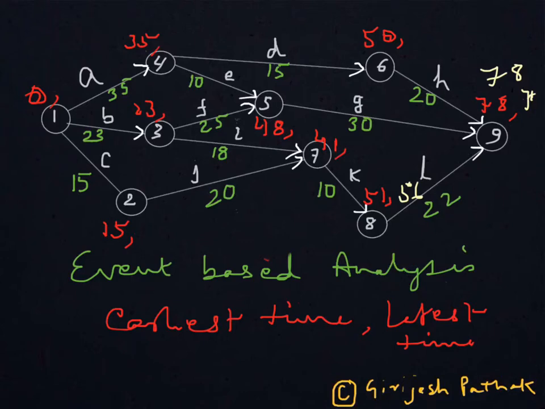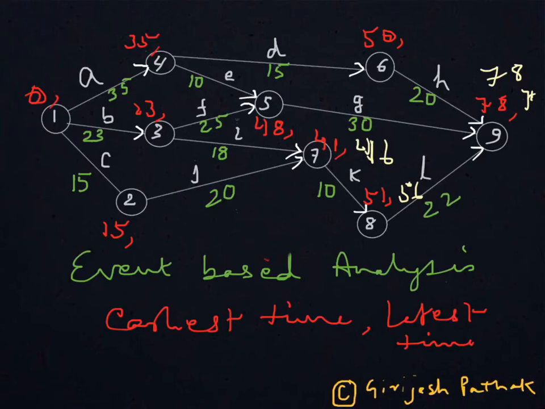So if we have to calculate the latest time for node 7, then you can take 56, that is the latest time of node 8, minus 10, because you need to do K in 10 days. So 56 minus 10, that is 46. That is the latest time for node 7, because even if you start K after 46 days, you get 10 days' time to finish K before 56.